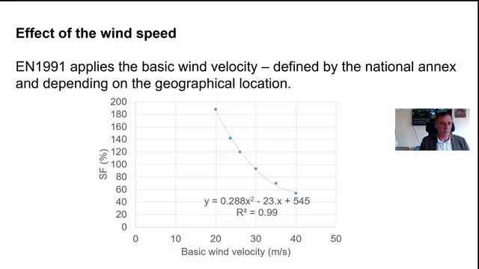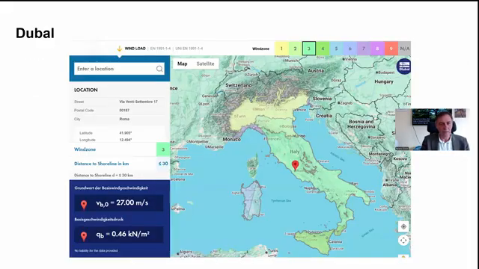I changed the wind speed between 20 to 40 meter per second, and the safety factor changed between 50 plus to 190, and the function fits a power of 2 of the wind speed, so it is quite sensitive. This is coming from the drag equation. Drag equation says the acting force is proportional to the wind speed to the power of 2.